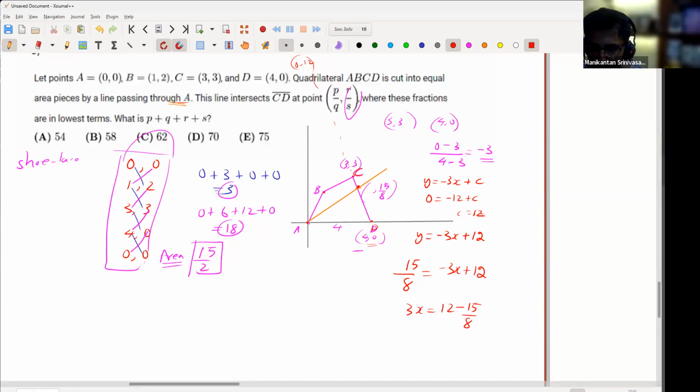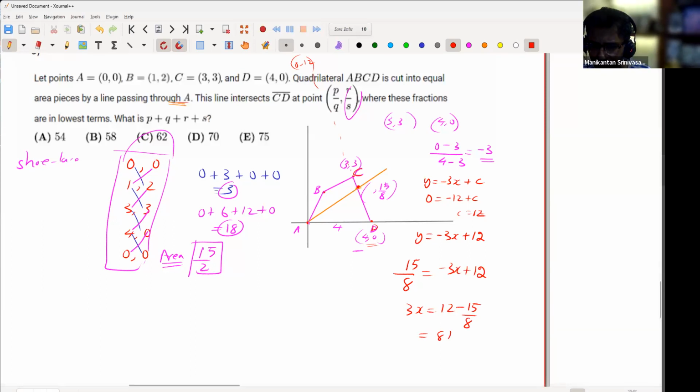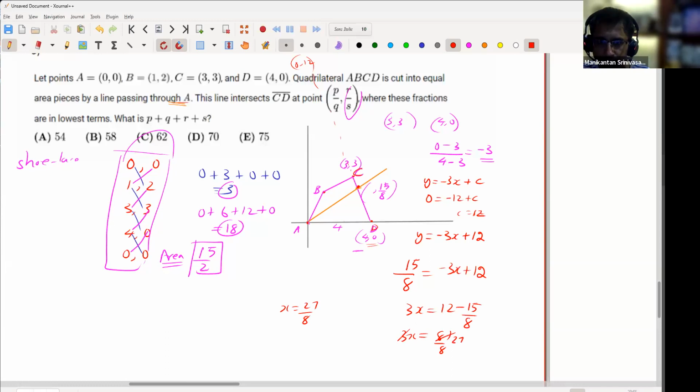Let me know if I'm doing some silly mistake, guys. So 96 minus 15 is how much? 96 minus 15 is 81. 81 by 8 equal to 3x. So this is 27. So x is 27 by 8. That cannot be simplified further, right? So P by Q is 27 by 8.